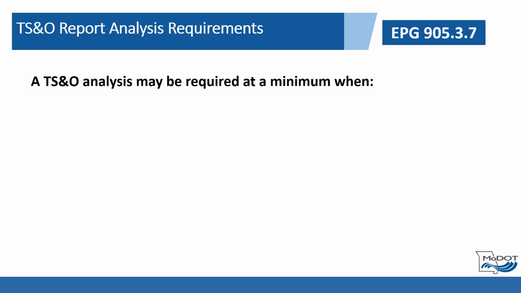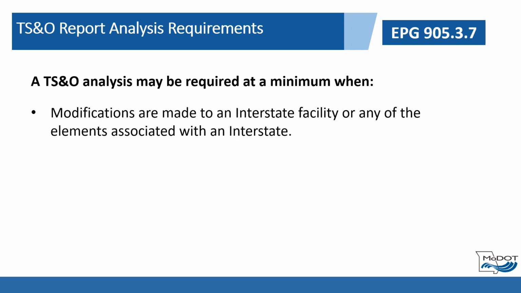A TS&O analysis may be required at a minimum when modifications are made to an interstate facility or any of the elements associated with the interstate. Elements of the interstate facility could include mainline lanes, collector-distributor roads, existing new or modified ramps, or ramp intersections with a crossroad.